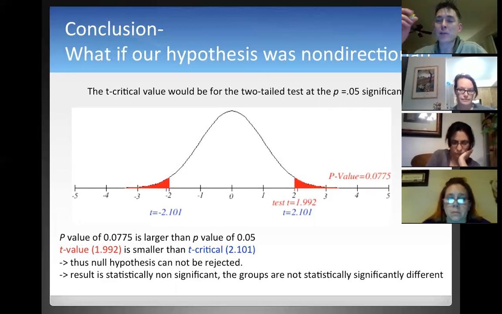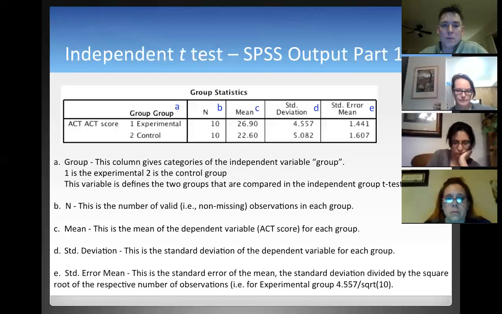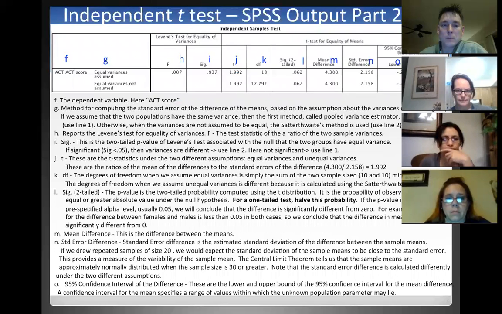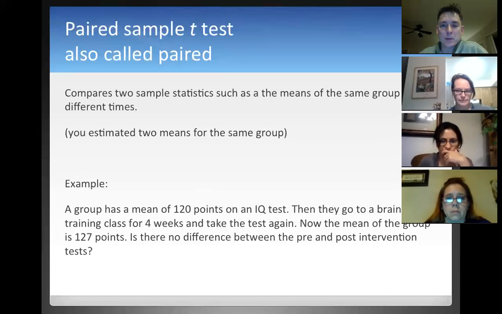Not which way, but whether you have a directional or a non-directional hypothesis. Yeah, and then the SPSS stuff you can ignore.